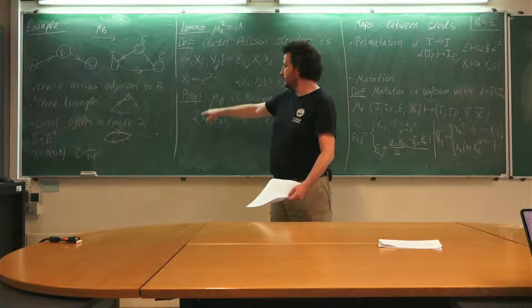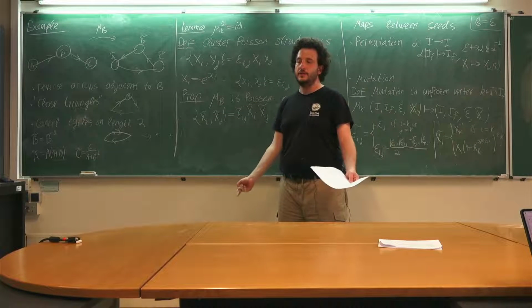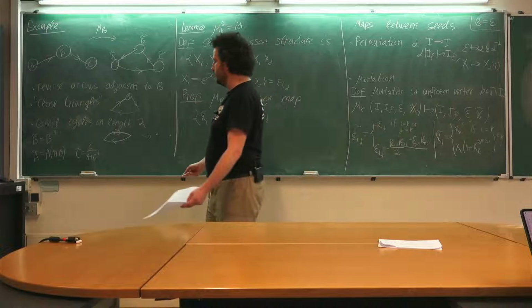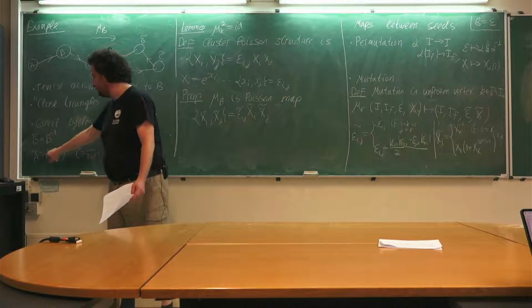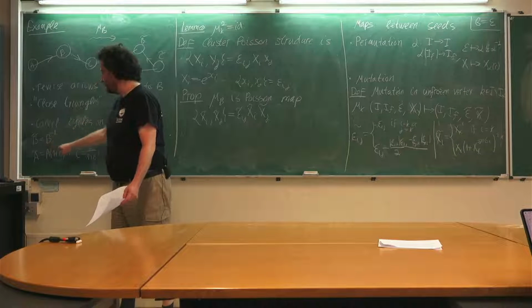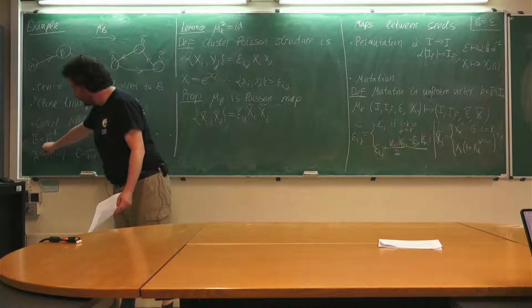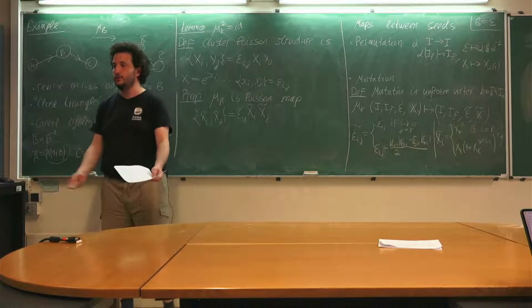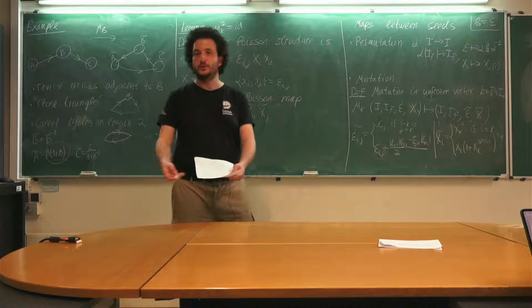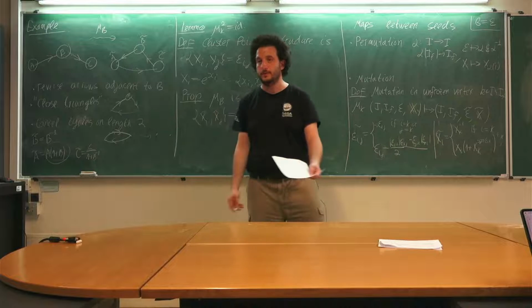But what happens with the logarithm of variables, it's hard to say. Assuming we know the logarithm of A, the logarithm of B, the logarithm of C, what is the formula for the logarithm of this guy? Who knows? There's no easy formula to take the logarithm of 1 plus exponent.